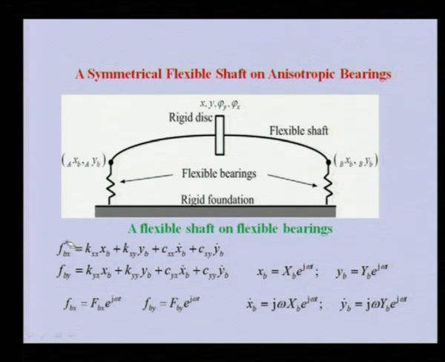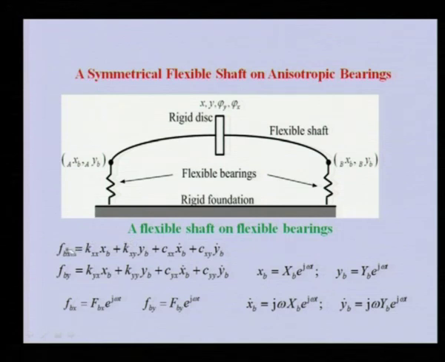So, the bearing force in the x direction is k x x into x b plus k x y into y b. These are from the stiffness of the bearing, and these are c x x x dot b and c x y y b dot, which are from the damping.